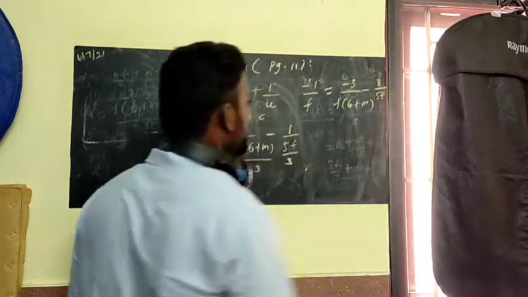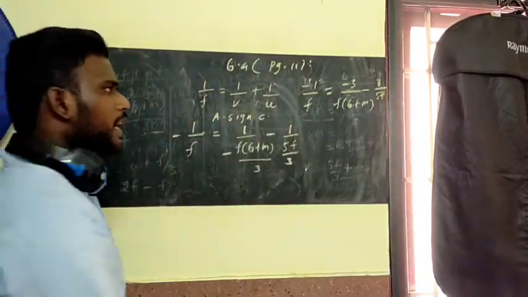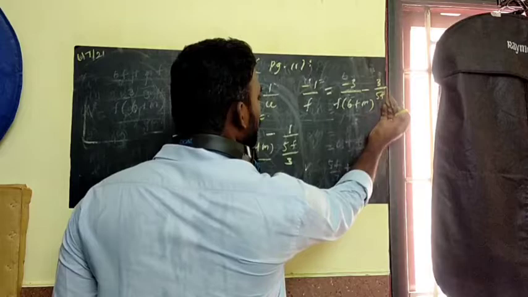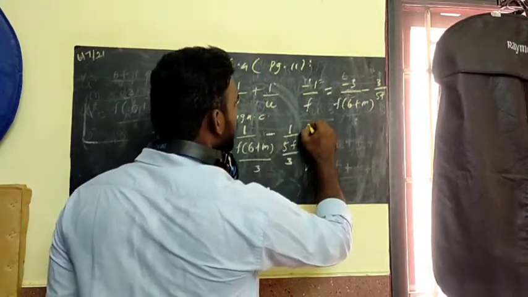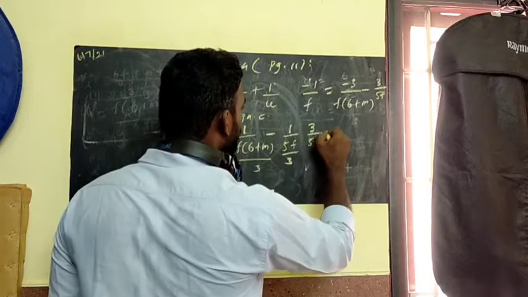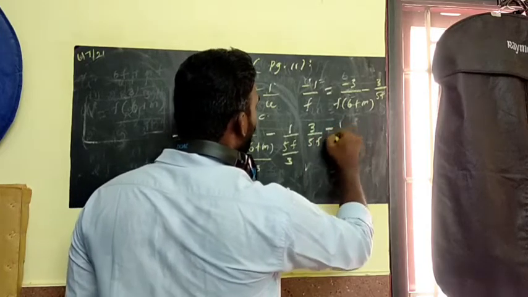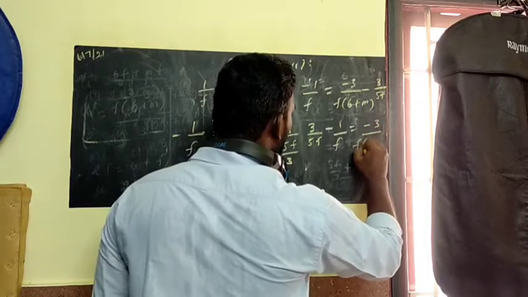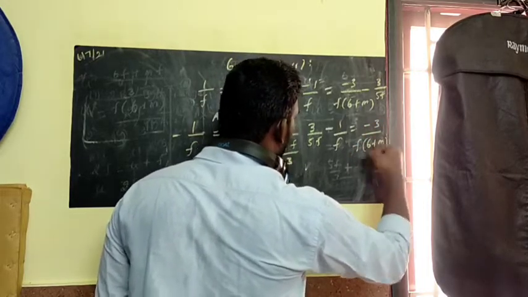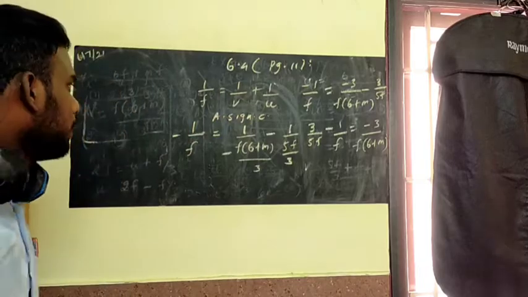Now transfer this minus 3 by 5f to the left side, where it becomes positive. That is, minus 1 by f plus 3 by 5f equals minus 3 divided by f into (6 plus m).